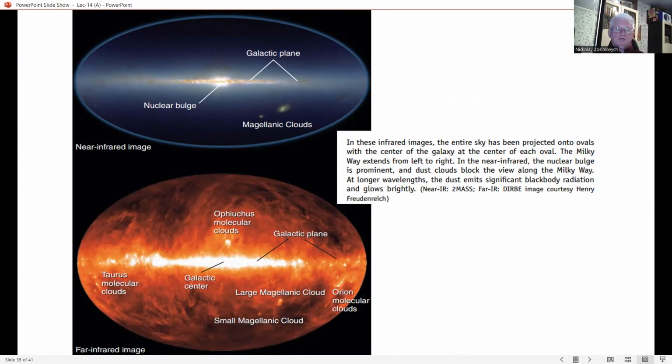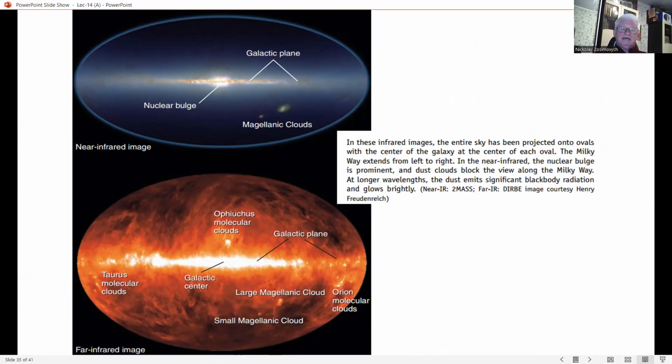The second component of our galaxy is a spherical component, which includes all matter in our galaxy scattered in a roughly spherical distribution around the center. This includes a large halo and the nuclear bulge.